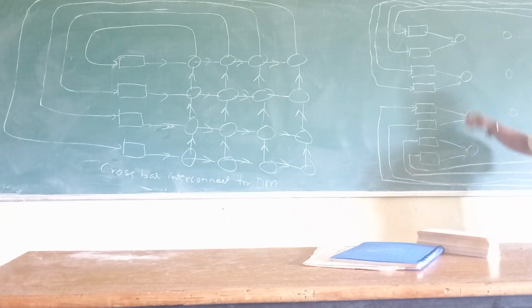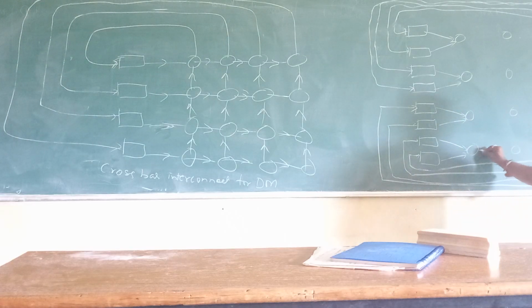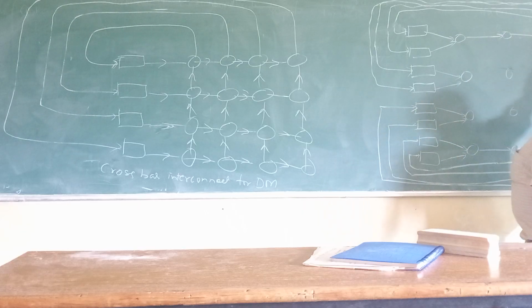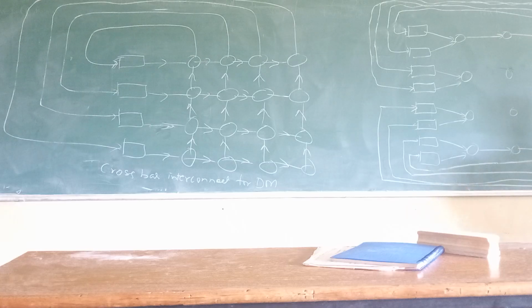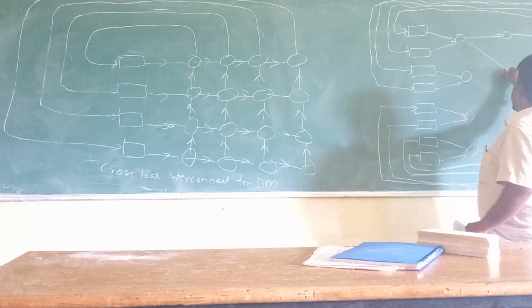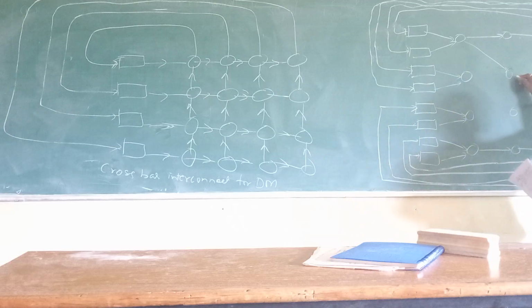I connected this processor to the inner side of the switches. I am making the one unidirectional here. Look at the last switches, I made it like that. One switch can have two links, so I communicate from this switch to another switch with two links, so that I can communicate with this switch as well.